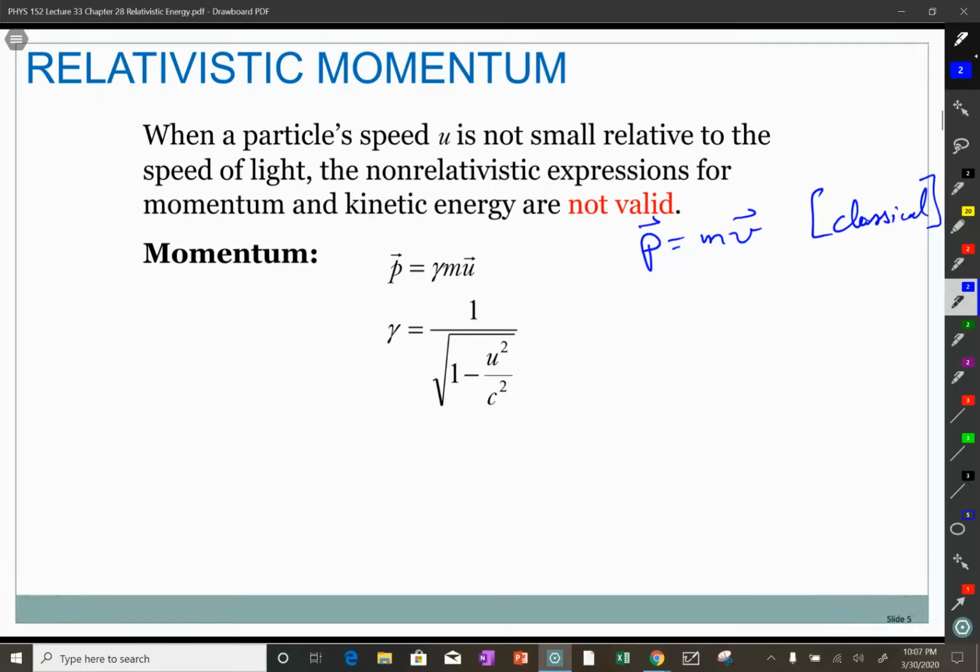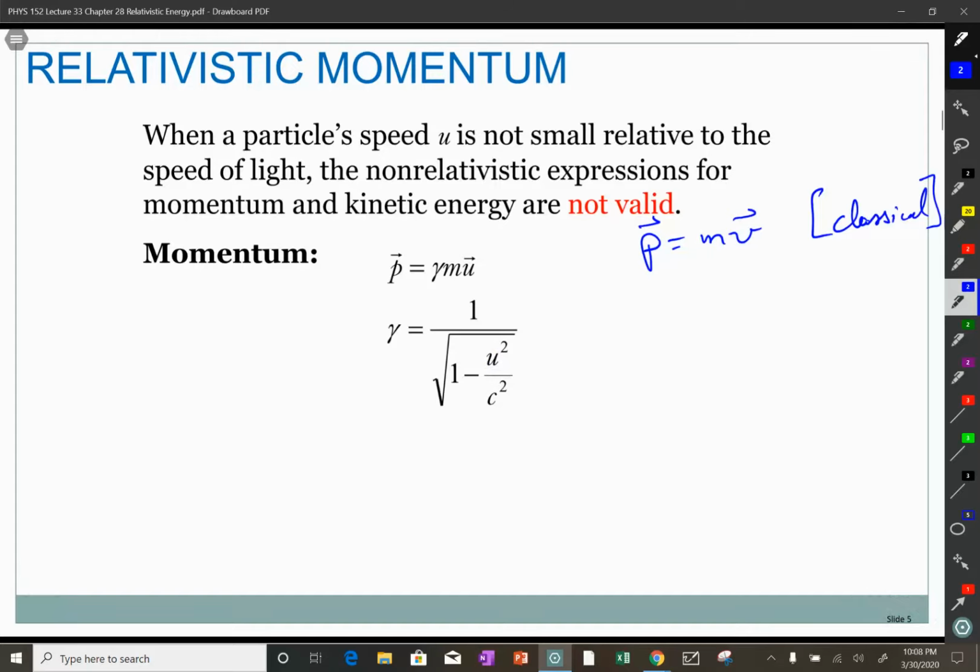Now I want you to notice that there is a shift in symbol here. u is the particle speed relative to the reference frame. When we talk about the speed of a particle, we use u. When we talk about the speed of a reference frame, we usually use v when we get to relativity. And so gamma is, once again, the same, but you replace the v with the u there.